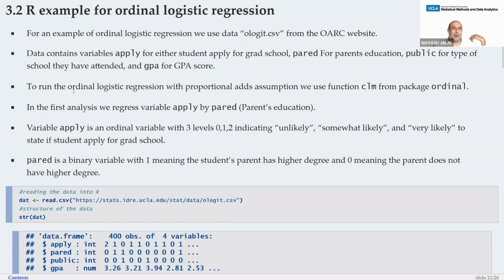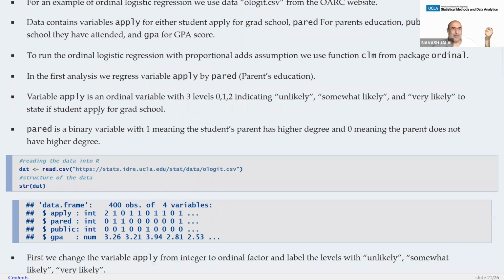So public or private, parent education, and GPA, and whether or how likely they apply for grad school. This is a survey of 400 students. It is hypothetical data, not actual data. It's just created for this example, for this ordered logistic regression.